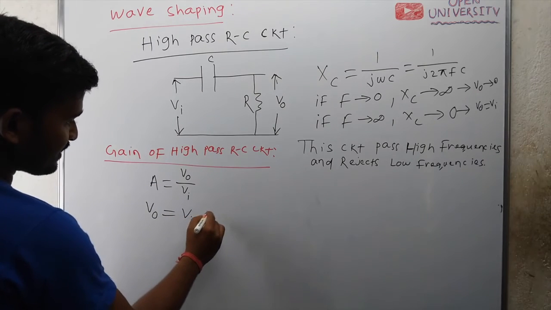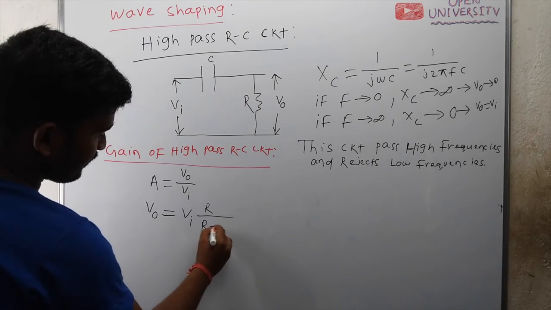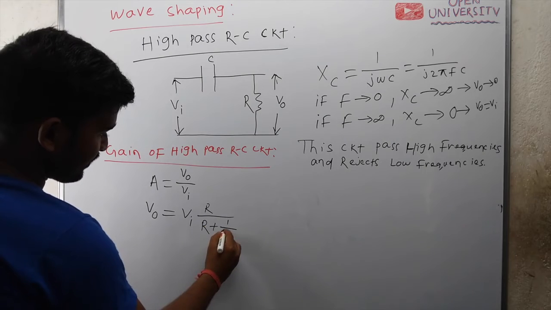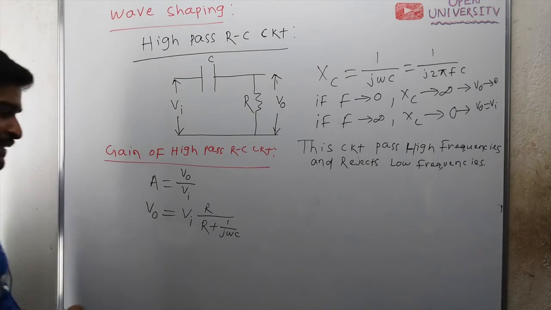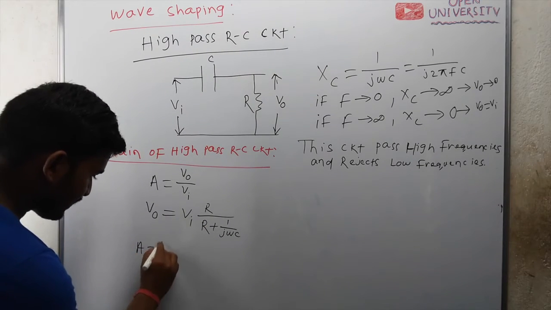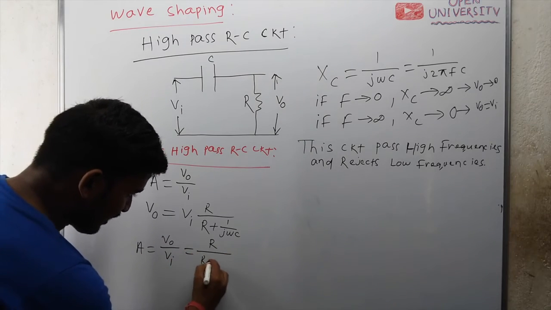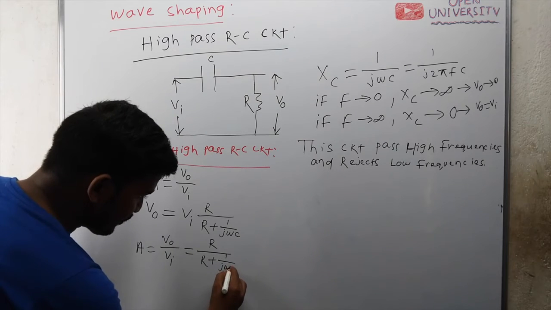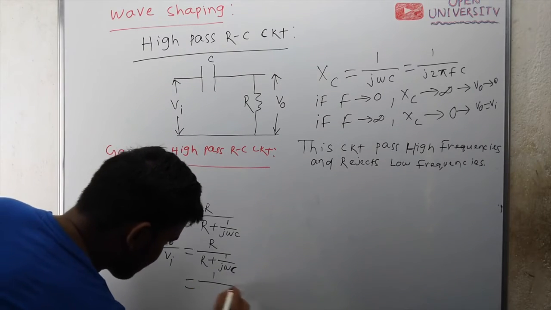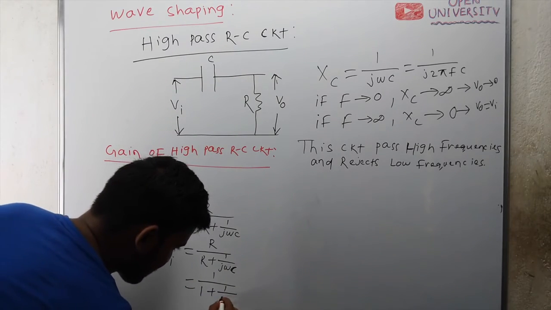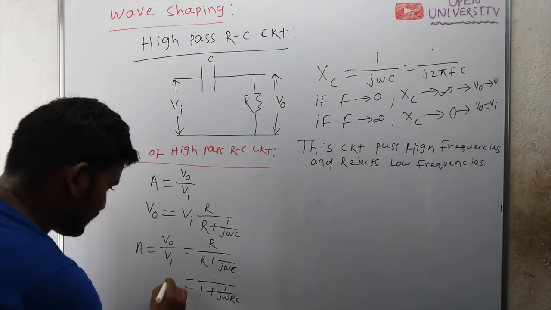Output voltage will be input voltage into impedance of R divided by R plus 1 by j omega C. Then the gain will be Vo by Vi equal to R by R plus 1 by j omega C. If you bring R common, then it will be 1 by 1 plus 1 by j omega RC.